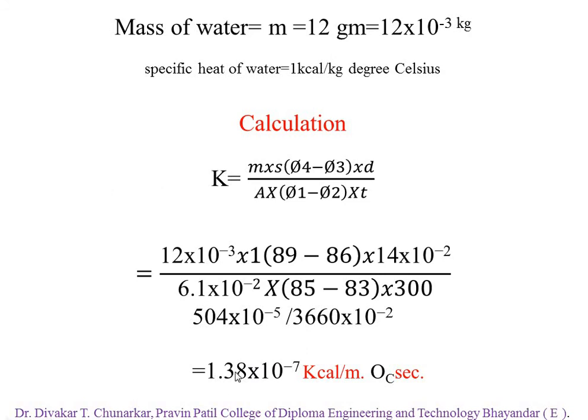So we get 1.38, and with the powers of 10 combined we get 1.38 into 10 to the power minus 7 kilocalorie per meter degree Celsius second.